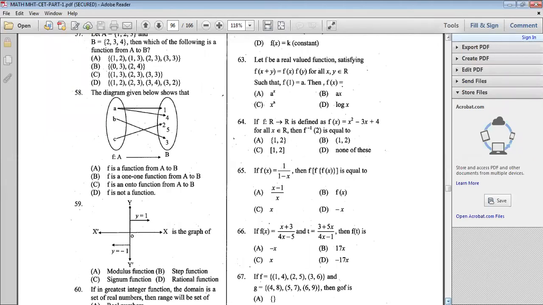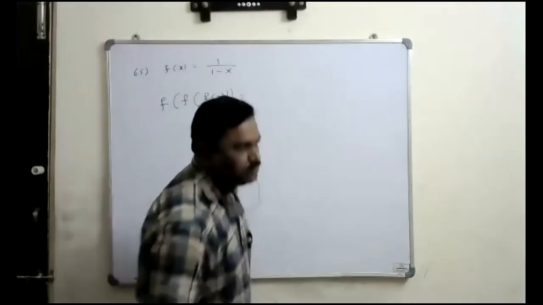So f of x is given as 1 by 1 minus x. Then what is f of f of x equal to how much?